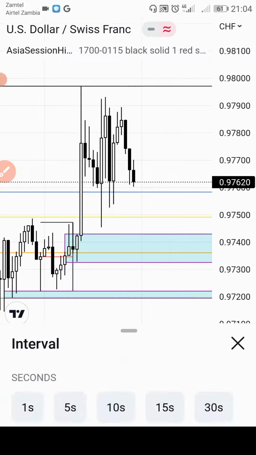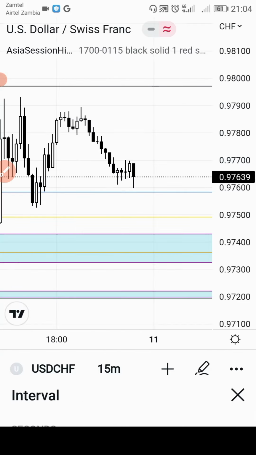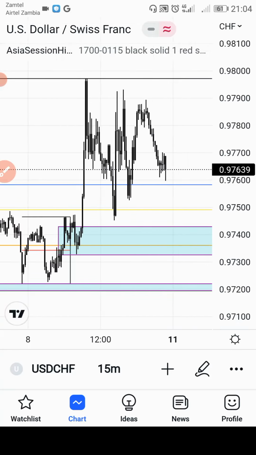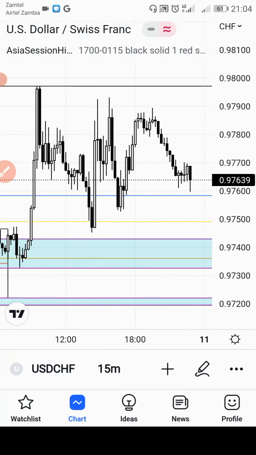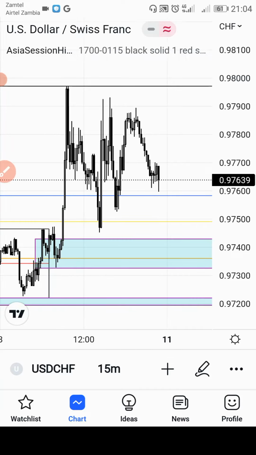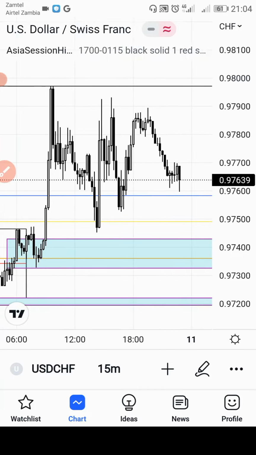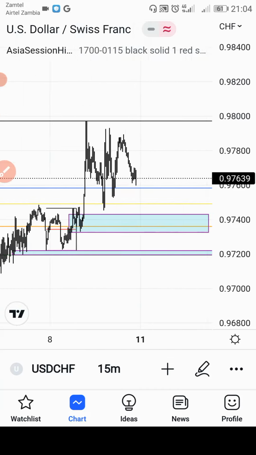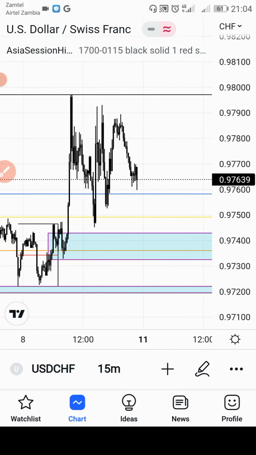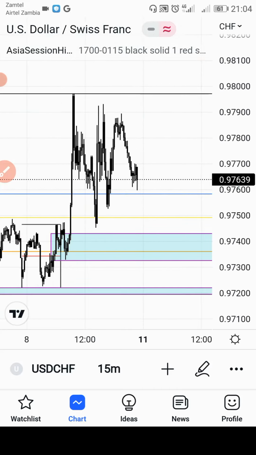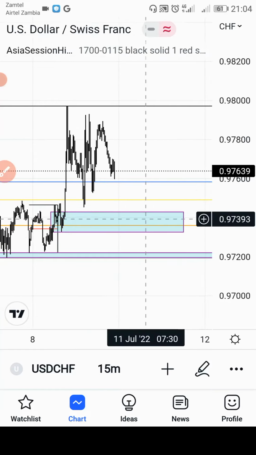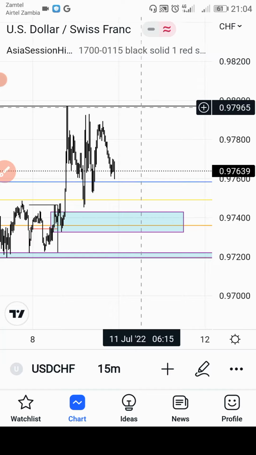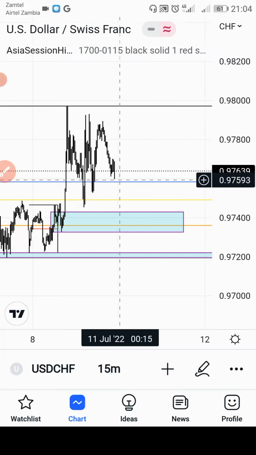And you can see for our intraday moves on the 15-minute, we are currently in a consolidation state. So I would rather not look for anything on the 15-minute, and I would rather just wait for price to retrace down to this level and continue going up.